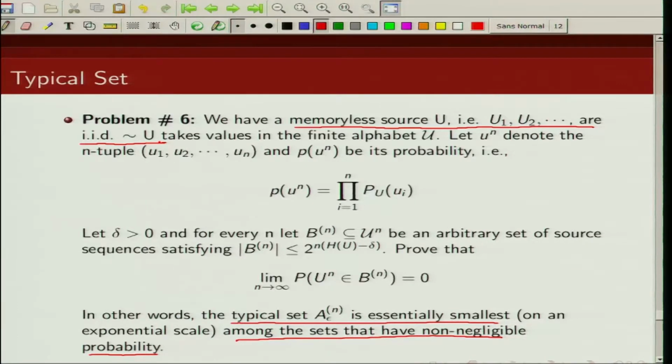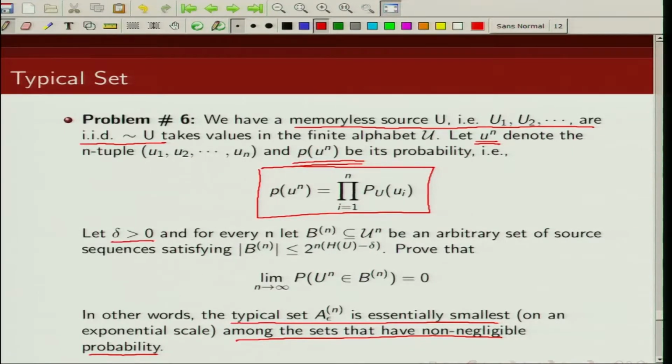Let u^n denote an n-tuple, u1, u2, u3, up to un, and its probability is given by p of u^n. And since it's a discrete memoryless source, we can write this probability of u^n as the product of the probabilities of ui, over i going from 1 to n.